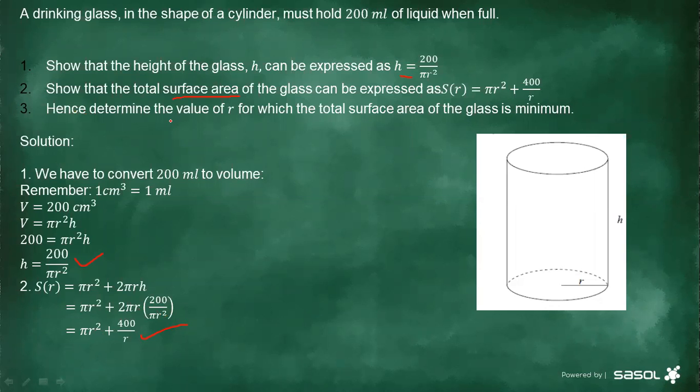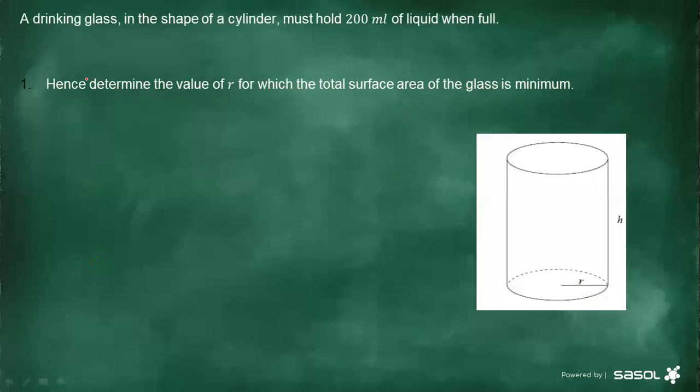Let's see the next question on the next slide. It says hence determine the value of r for which the total surface area of the glass is minimum.